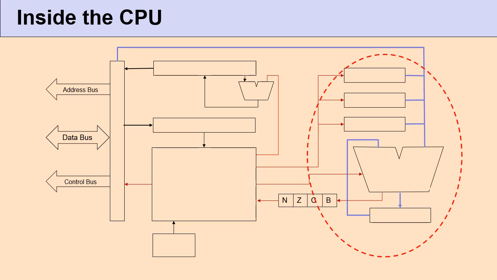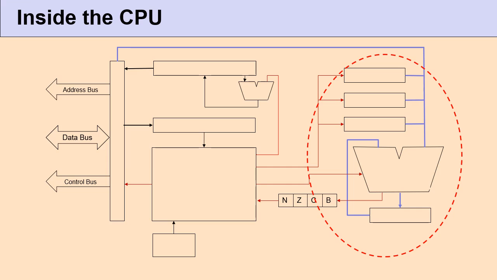Instead, you have to carry out this addition in two steps. One will be to load either register B or register C to the accumulator, copying the value of that register to the accumulator. And then add the second register with the accumulator to get the answer.